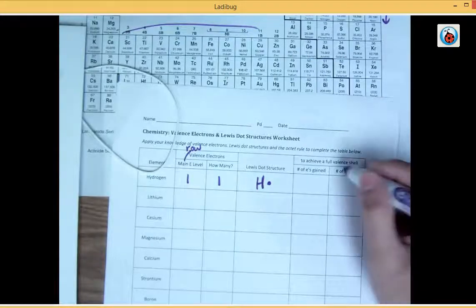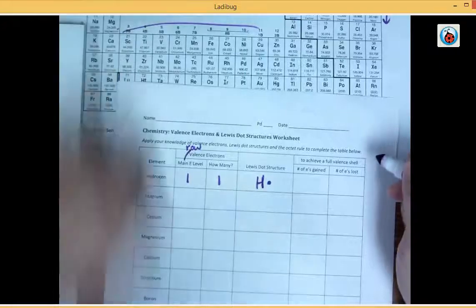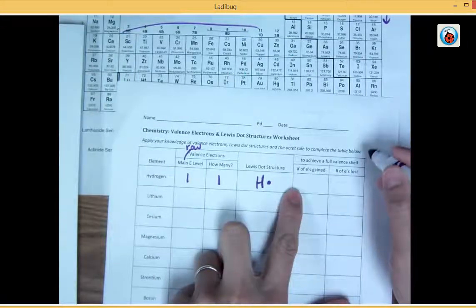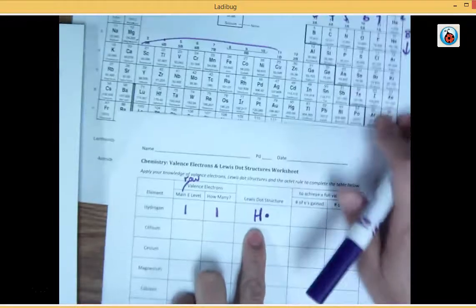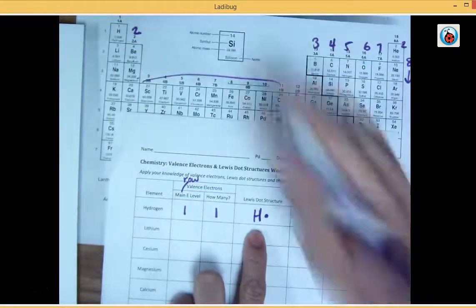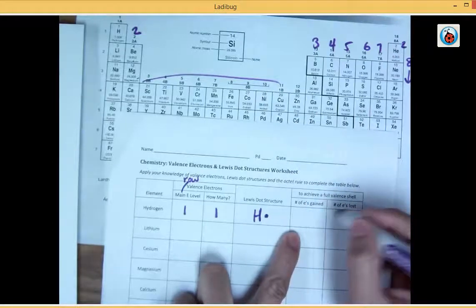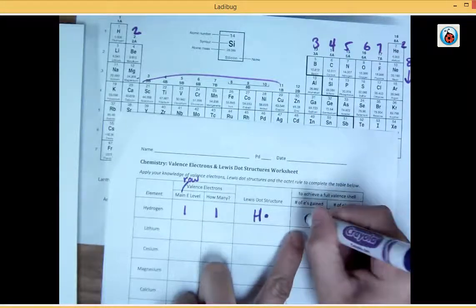And so to get a full shell, how many does hydrogen need to be a full shell? It's on the first row, in the first energy level. It only needs 2 to be full. So it can gain 1.